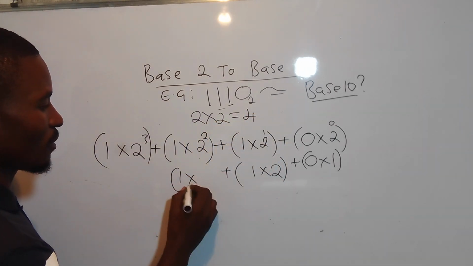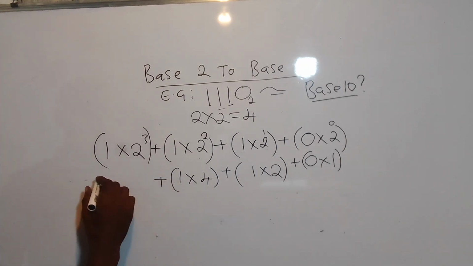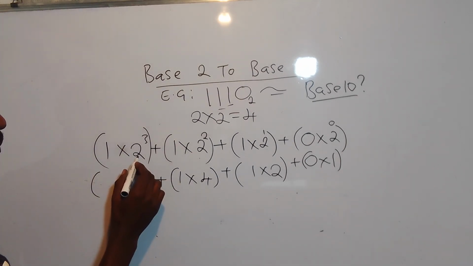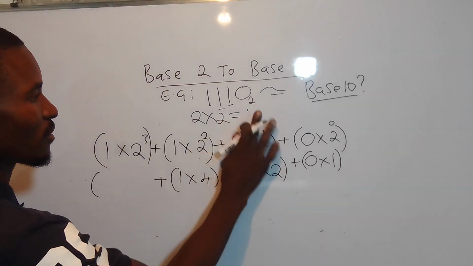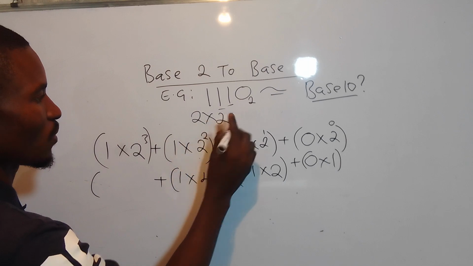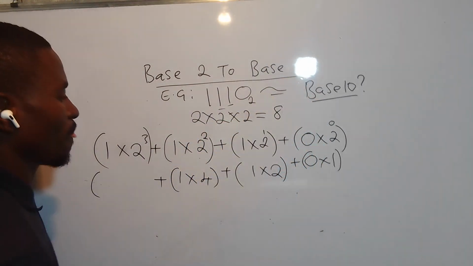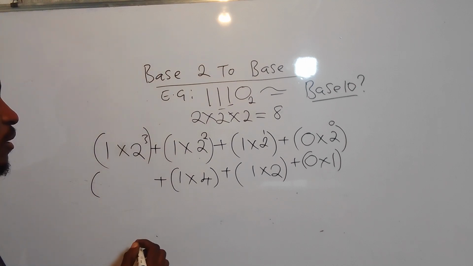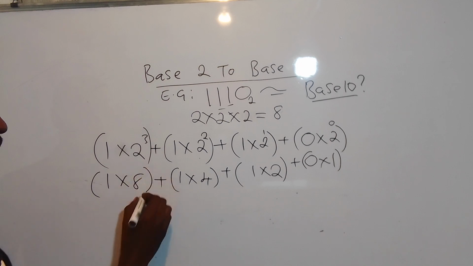Then plus 2 to the power 3, which simply means 2 times 2 times 2, which is just going to be 8. So 1 times 8.